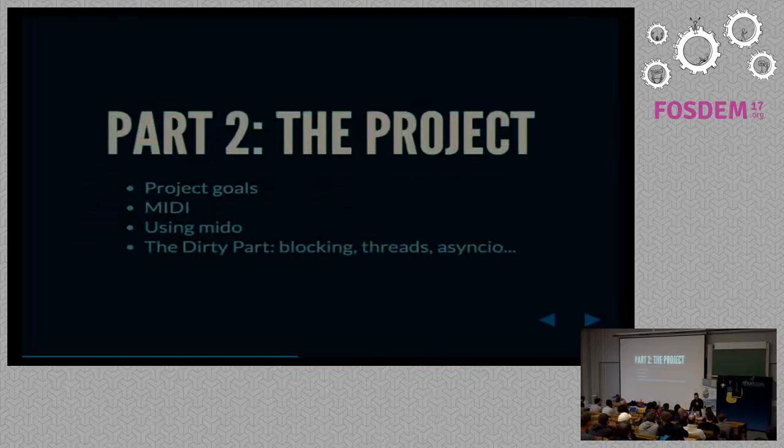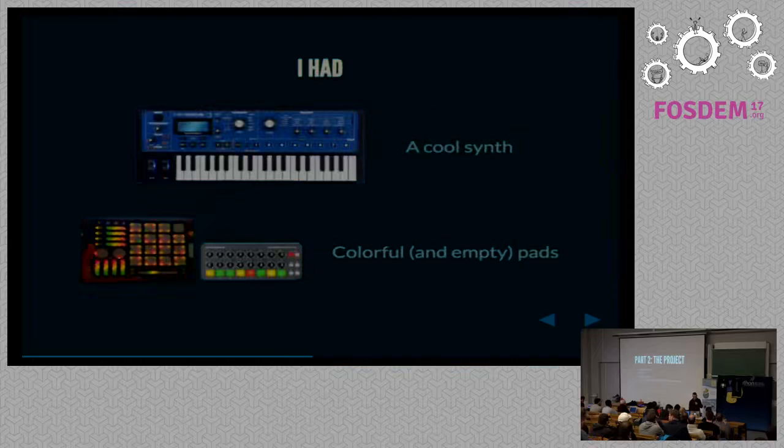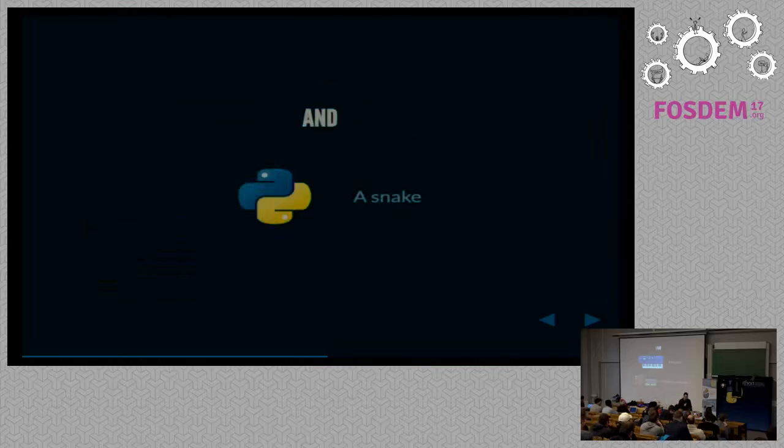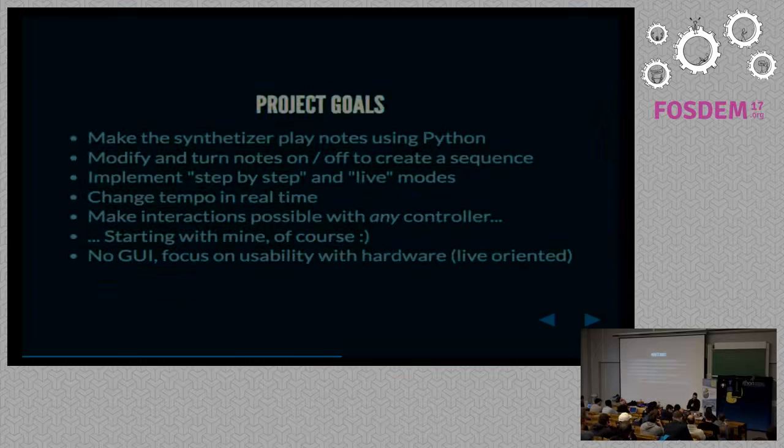Okay, so now I will present the project. So I had synthesizers and empty pads. These are just controllers. They don't contain any sound. And a snake, of course. So I wanted to make the synthesizer here play notes using Python.